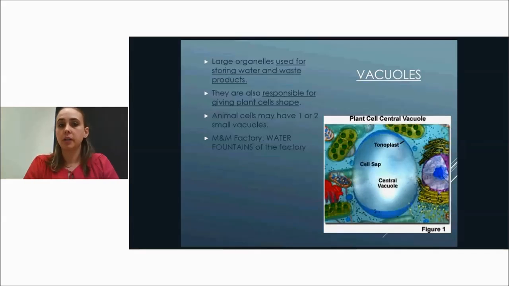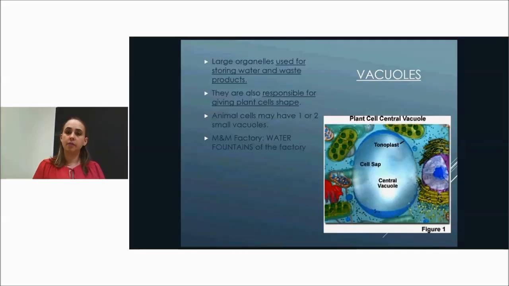Vacuoles are large organelles used for storing water and waste product, and they're responsible for giving plant cells their shape. Animal cells may have one or two tiny little vacuoles, but a plant cell has a large central vacuole that, when it's full of water, keeps the plant cell rigid and taut.